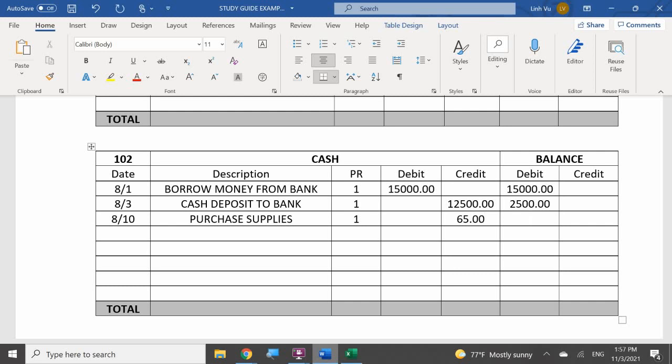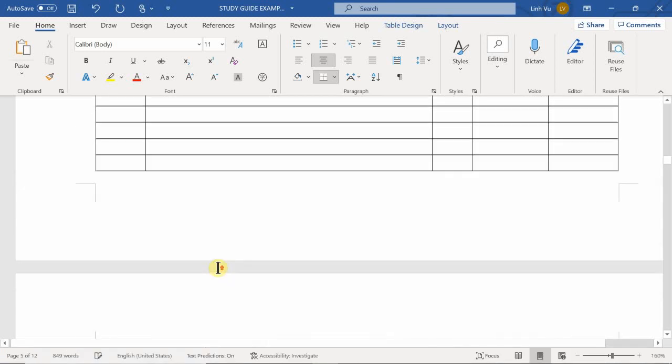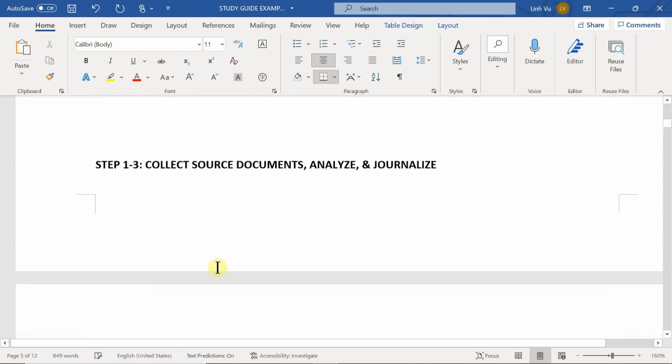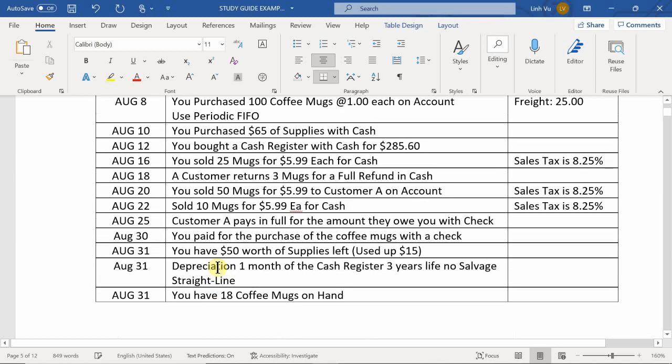Did I put my cash? 65 from 2,500 is 2,435. Yep.